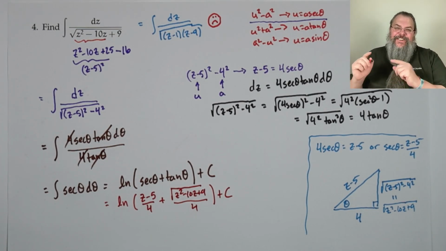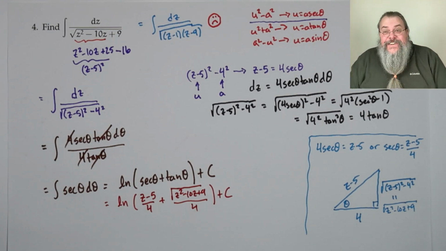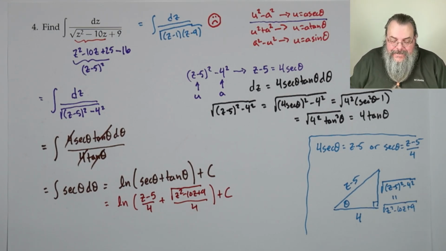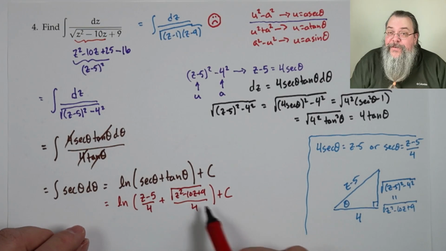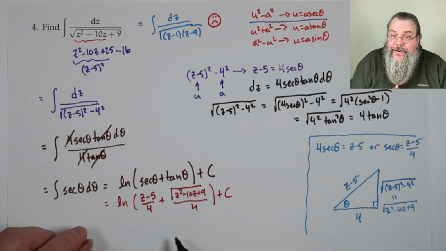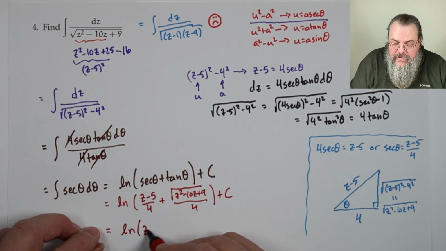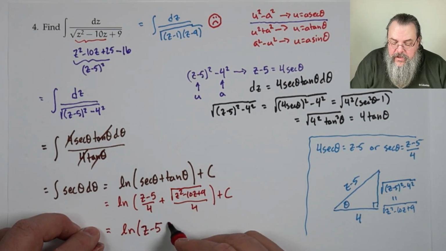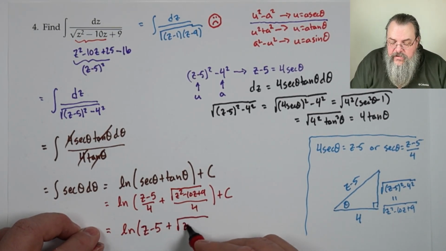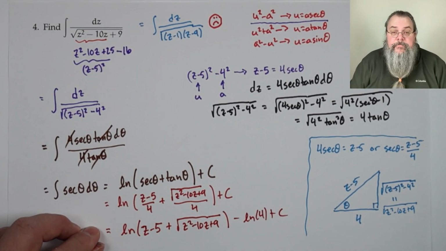However, we can do one more thing. This is correct. We could stop here. But notice we can put these over 4's together, and then we have log of something over 4. So we can use properties of log to say this is log of z minus 5 plus the square root z squared minus 10z plus 9, and then minus log of 4 plus c.